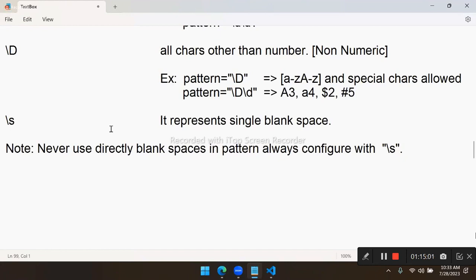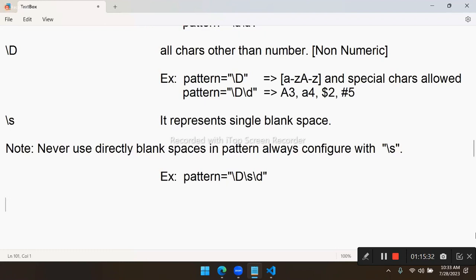So what we have to do here, we have to define like this. We have to configure pattern is equal to \d\s\d. What does this mean? First character must be non-numeric. Understood? After that, space, and last must be a number.